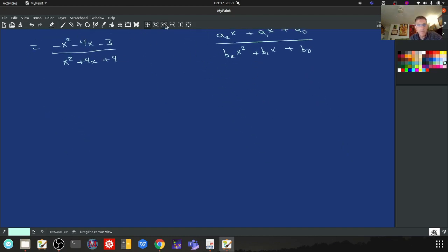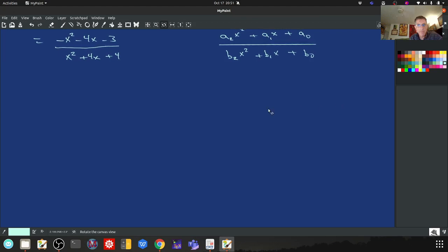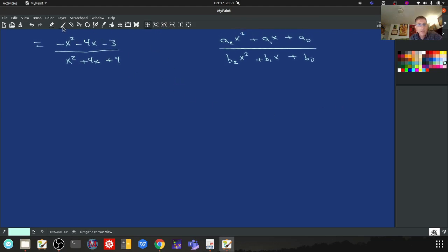So my value of a2, which is the leading coefficient, is minus 1. My value of b2, which is the leading coefficient down here, is equal to 1.